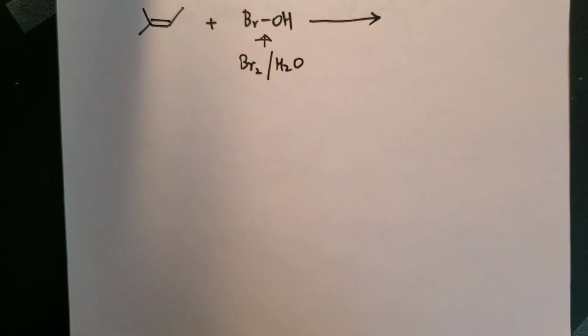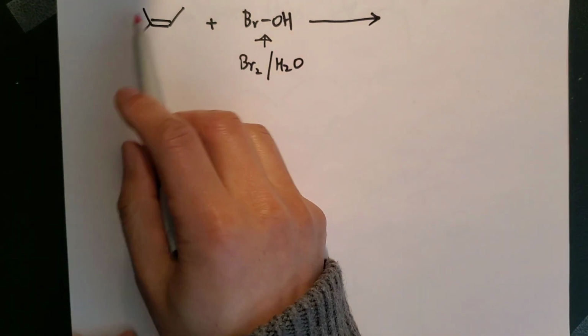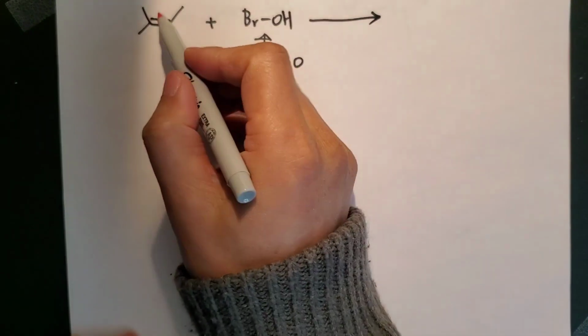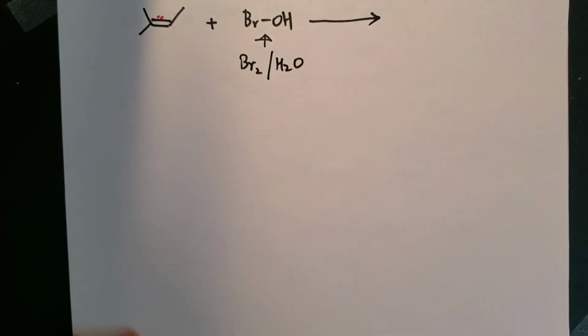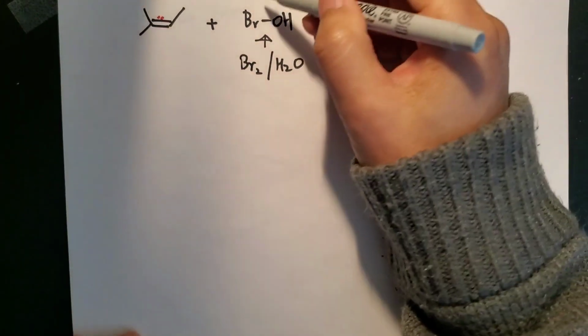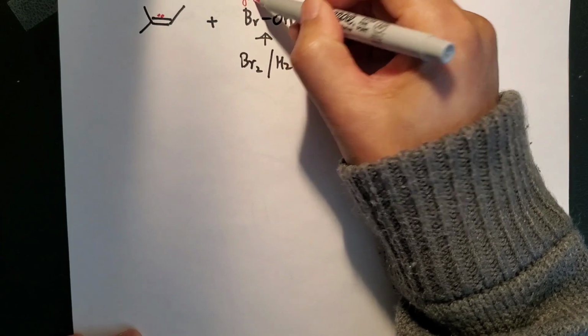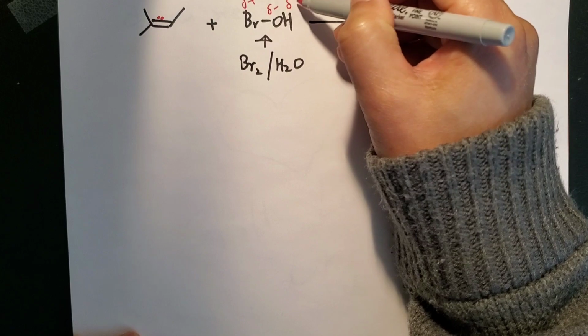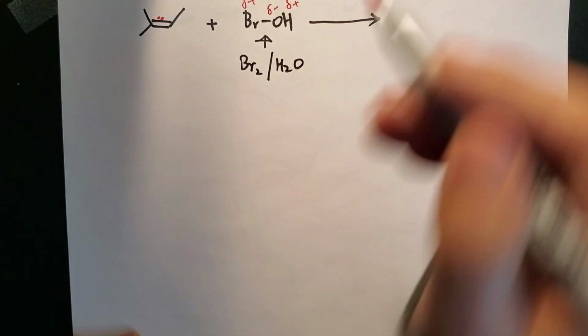Like I said, you always look for the base, but in order to do it, you put charges, right? So the double bond has no charge. We all know the pi bond has a potential to act as a base if you have an acidic chemical. So there you can see the bromine is partially positive, oxygen is partially negative, hydrogen is partially positive.